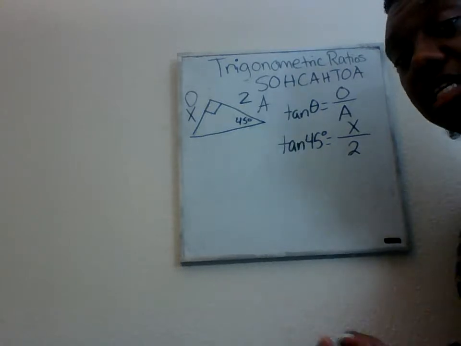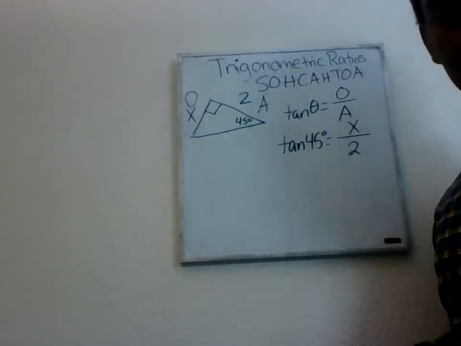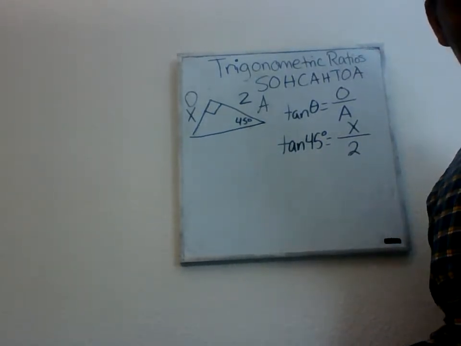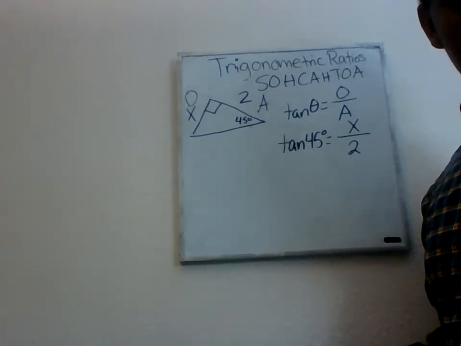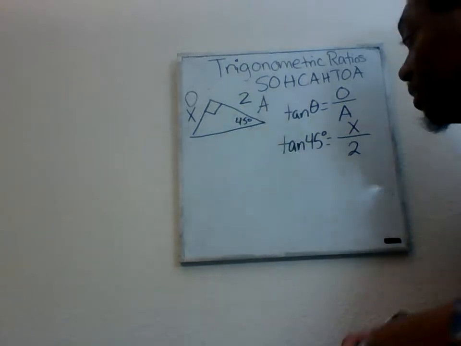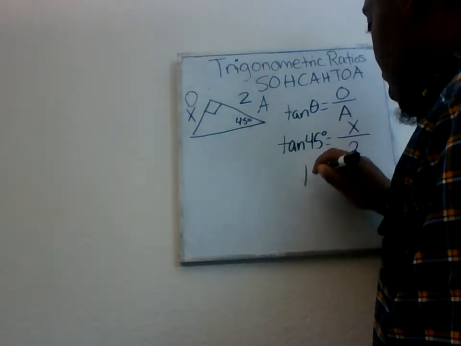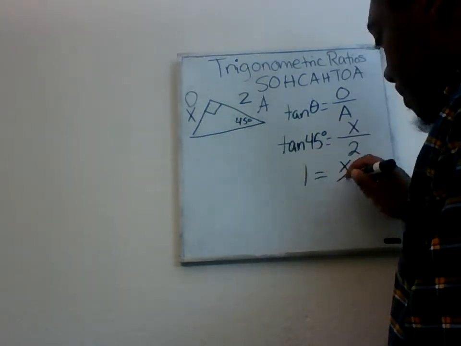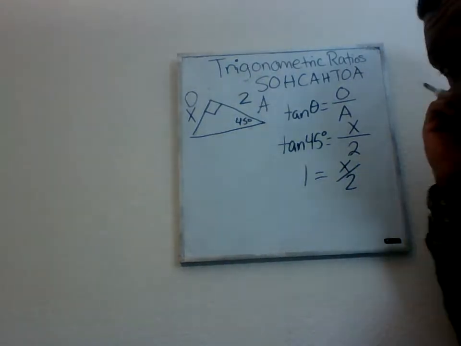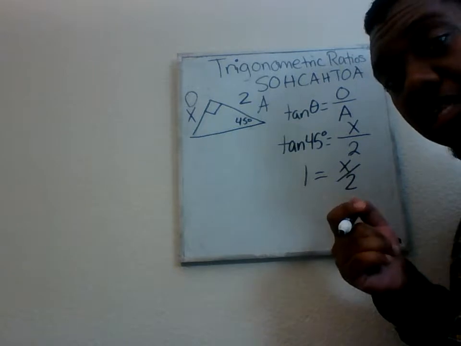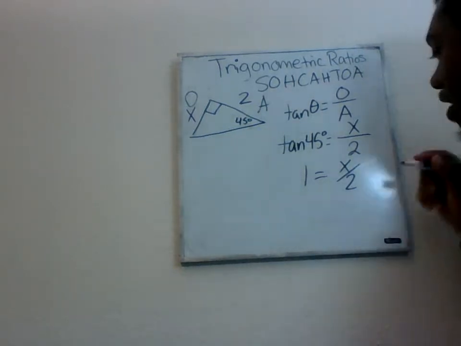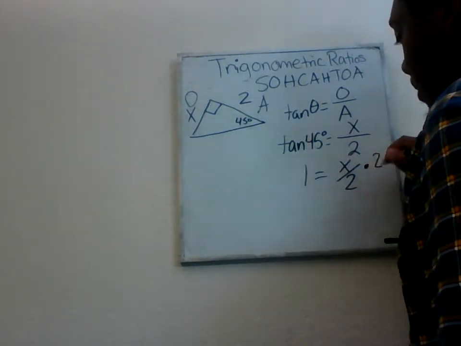Well, if I take tangent of 45 and I plug that into my calculator here, I should get 1. So tangent of 45, and I do get 1. So I get 1 equals x divided by 2. All right. Well, great. How do I solve for x? That's right. I multiply both sides by 2.